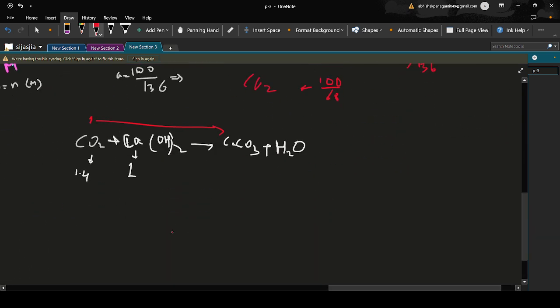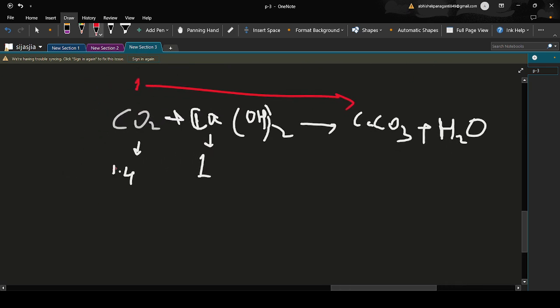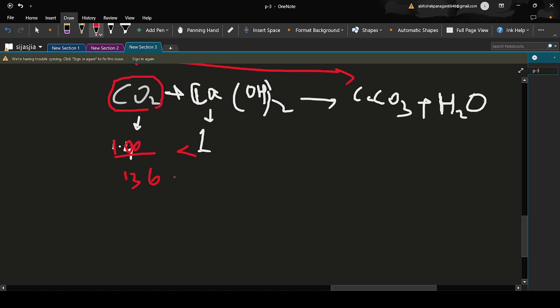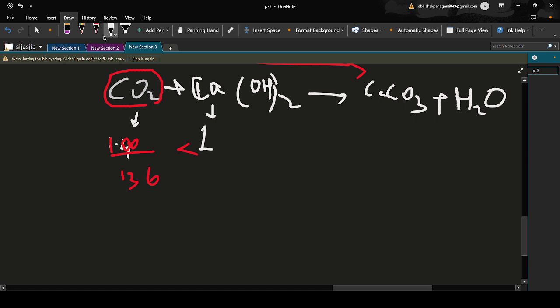So the moles of this is 100 upon 136, which is of course less than 1. So the limiting reagent is CO2, and the reaction goes according to the CO2 because it's going to get completely consumed.